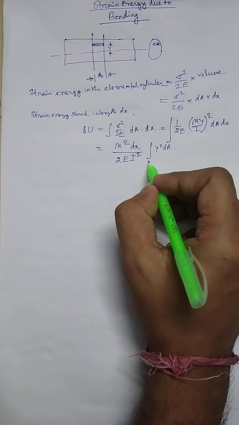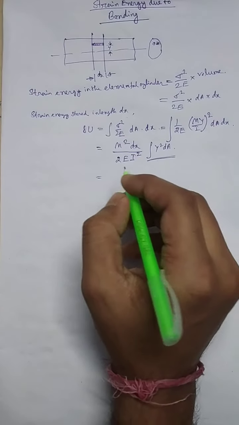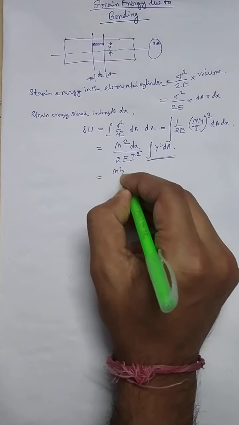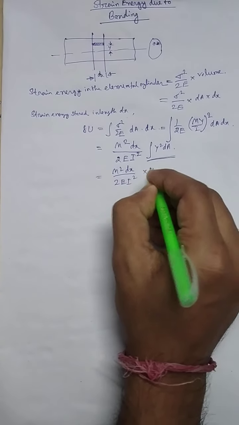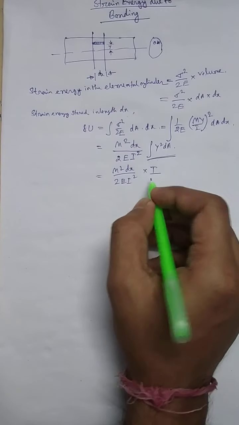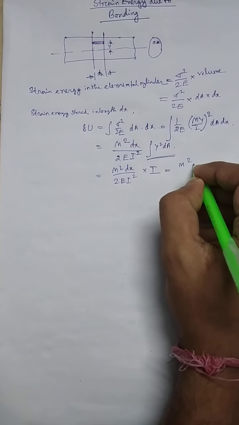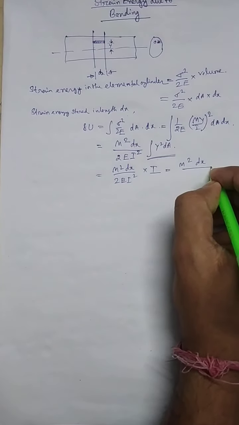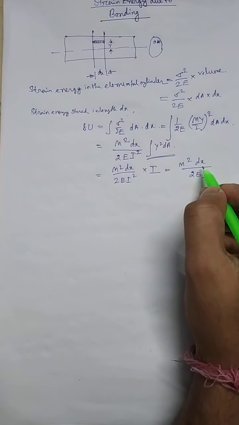We know that this y square dA is basically I, the moment of inertia. So if we put the value, it will be like this: M square dx by 2EI, but this is for only length dx.